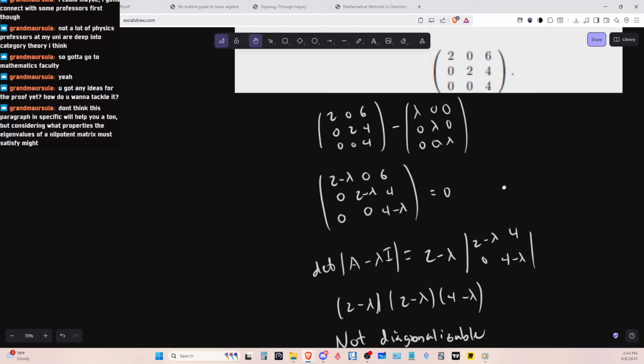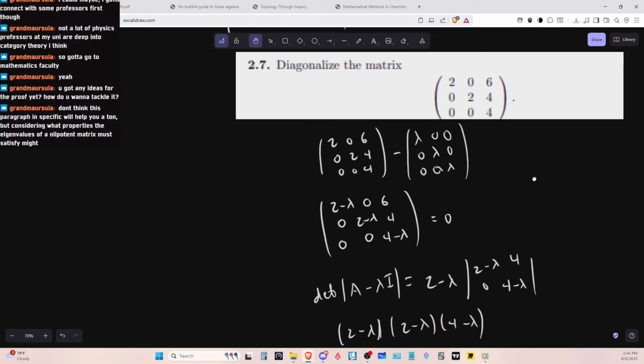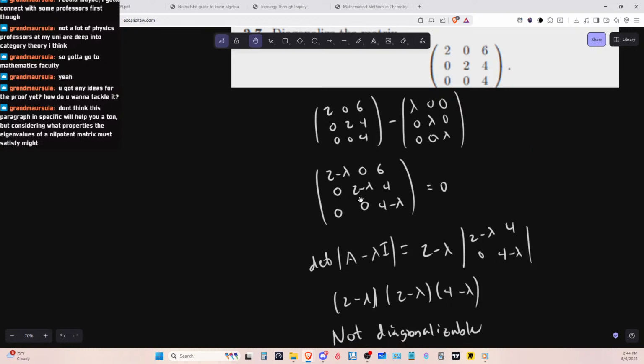Actually, for this question, it says diagonalize the matrix. Now, my question is, is this diagonalizable? Because it has 2 2's here. Is it only when the whole diagonal is all one number?